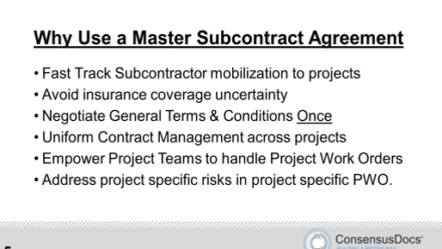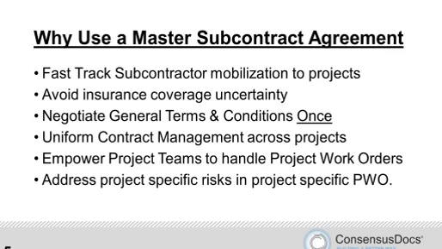And then there's the project specific stuff. And if we can separate those and negotiate the general terms and conditions one time, and do it with the assistance of legal counsel and the project executives and everybody on board, and everybody agrees what is fair and what is reasonable, and then we solidify that.